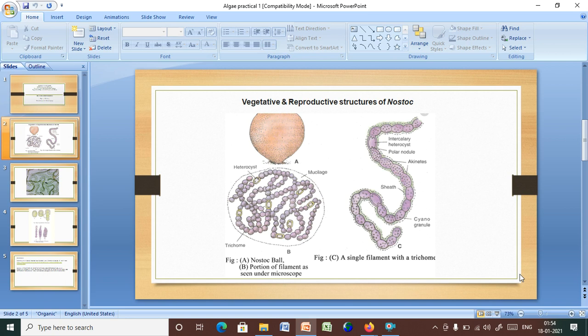These are heterocysts. The heterocysts are commonly with two polar nodules, but rarely with one polar nodule also. And besides the formation of heterocysts, the filaments may form the specialized structures known as akinetes.